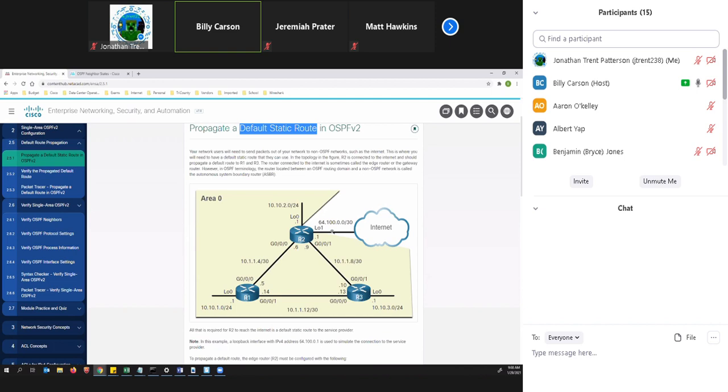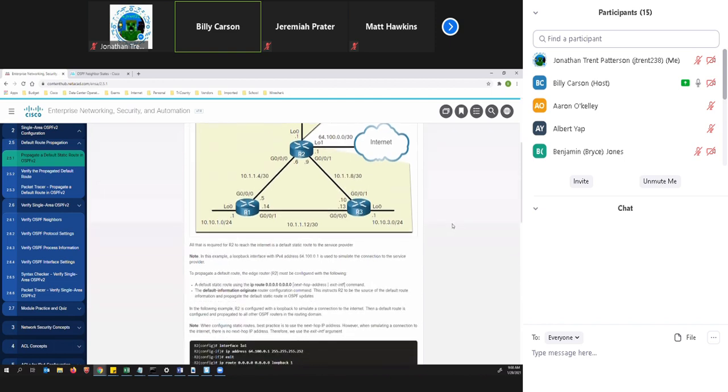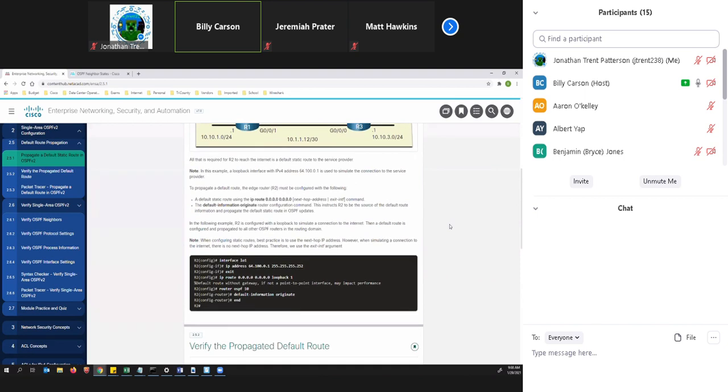It's going to pick that static route because it has a lower AD. Okay, so how do we set up a static route? Right here: IP route 0.0.0.0, subnet mask all zeros, and the next hop address. There's two ways we can do it. We can put the next hop address, or we can put the exit interface. You can put either one of those. What else here?